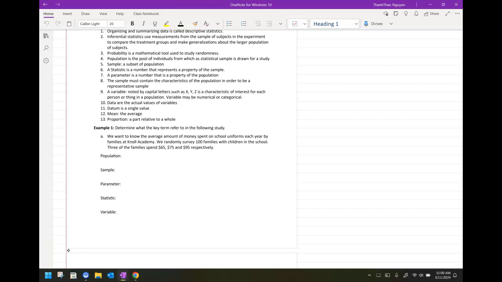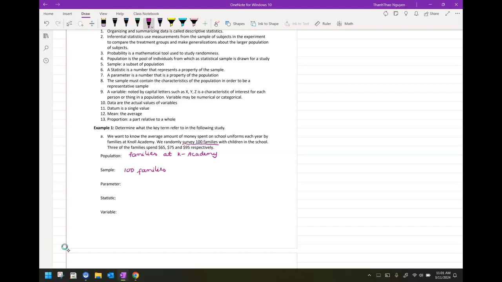So the population in this sample is the families at the academy. The sample, well, we do a survey of 100 families, so the sample contains 100 families with children in the school.